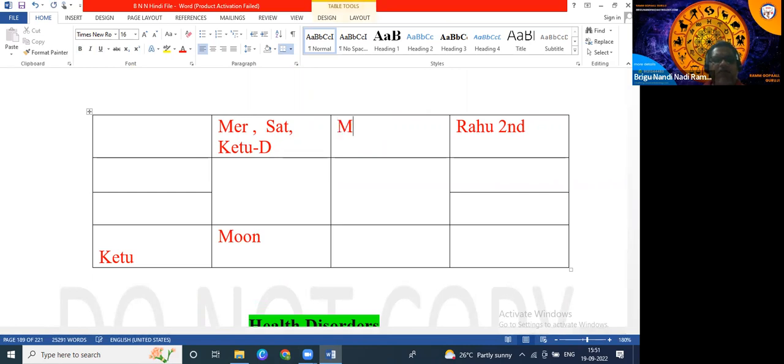Suppose Mars is embedded in between Rahu and Mercury, or Rahu and Saturn. For Mars, Rahu is enemy, Mercury is enemy. For Mars, Saturn is enemy and Rahu is enemy.